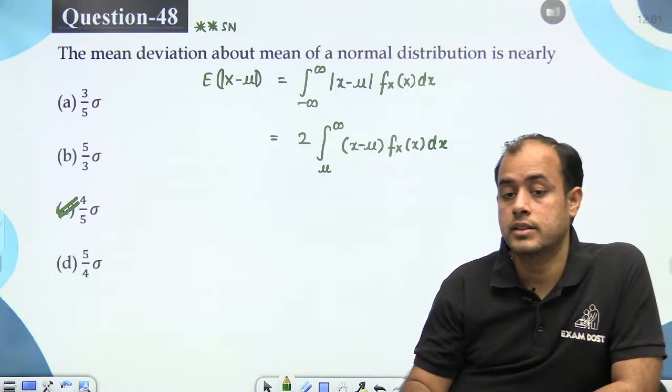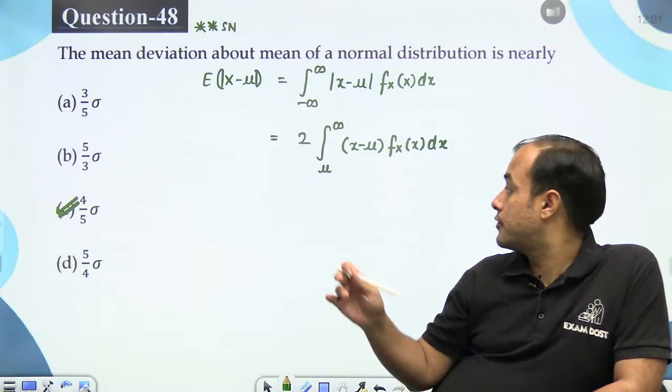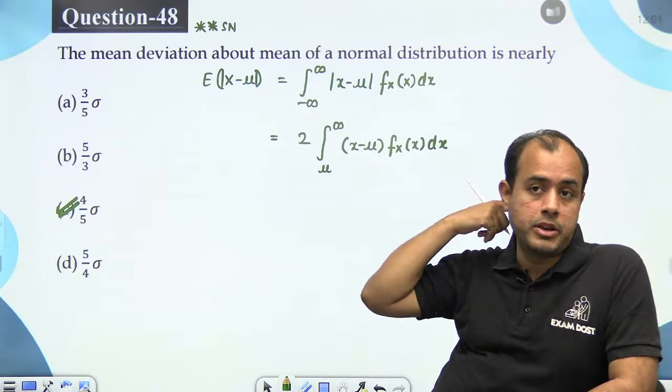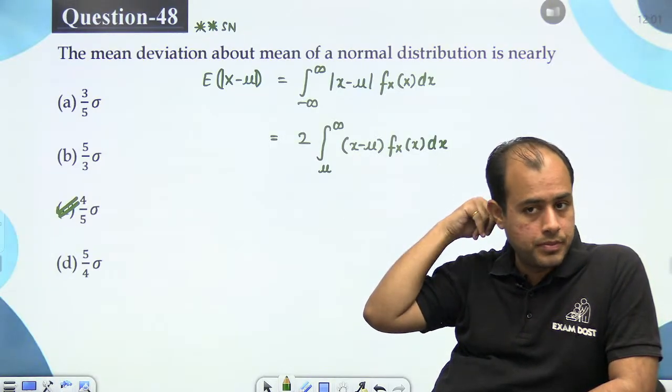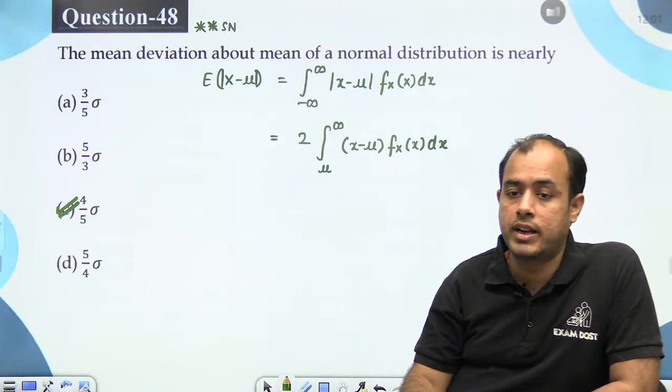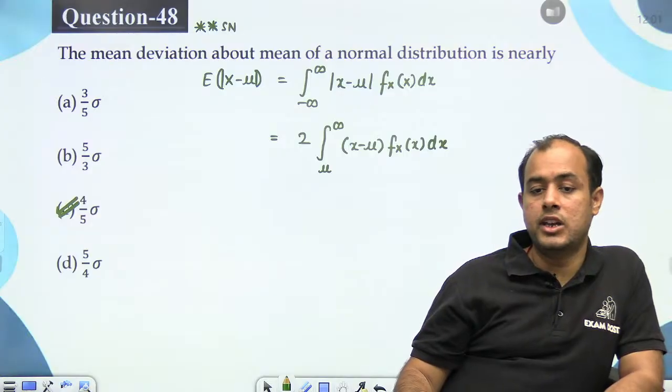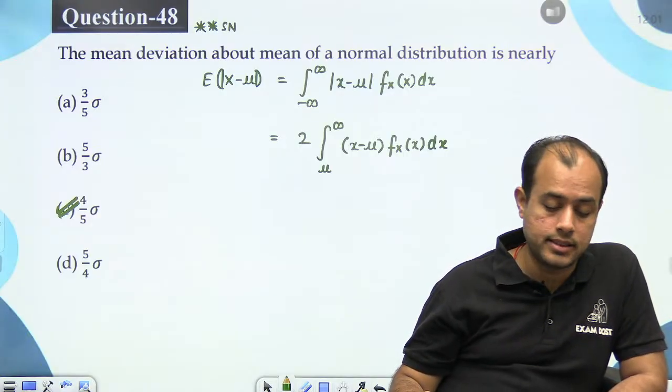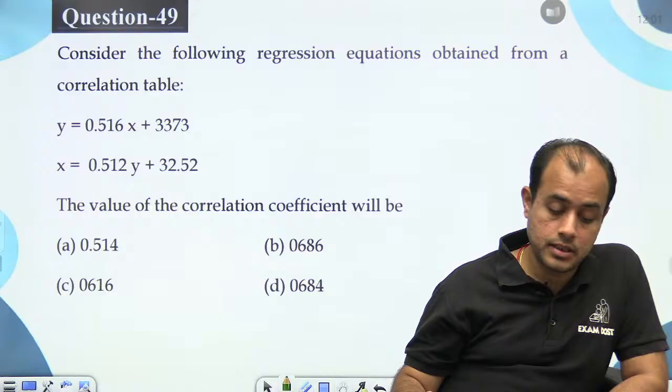You can solve 2 times from mu to infinity because it will be symmetric about mu. Now you can put the value of f(x) and you can calculate this. This will be 4/5 sigma.